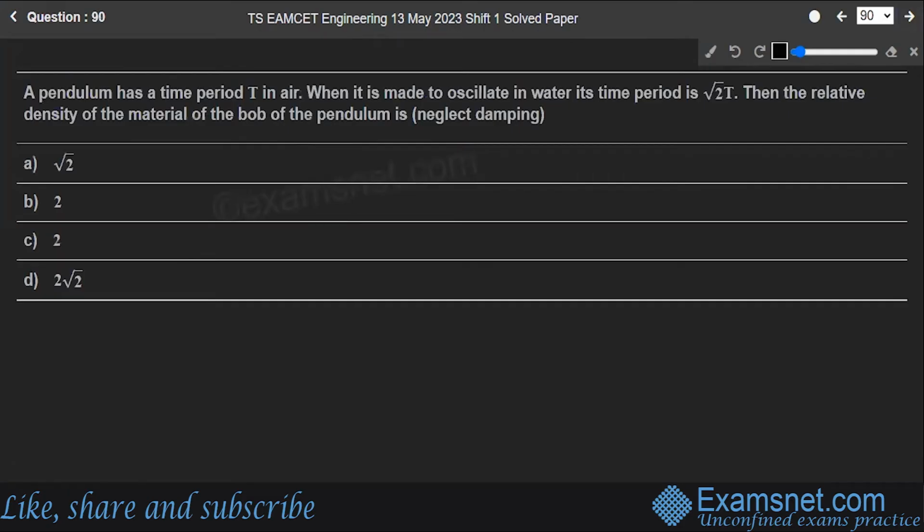A pendulum has a time period T in air. When it is made to oscillate in water, its time period becomes root 2 T. Then find the relative density of the material of the bob of the pendulum. You have to neglect damping over here.